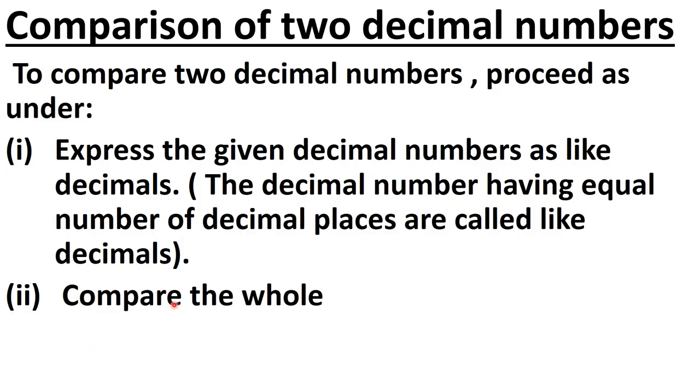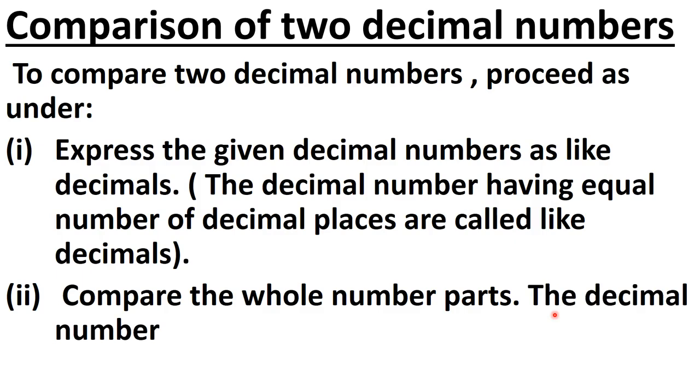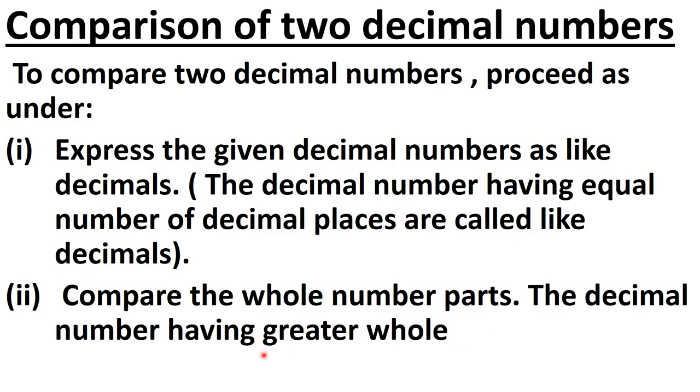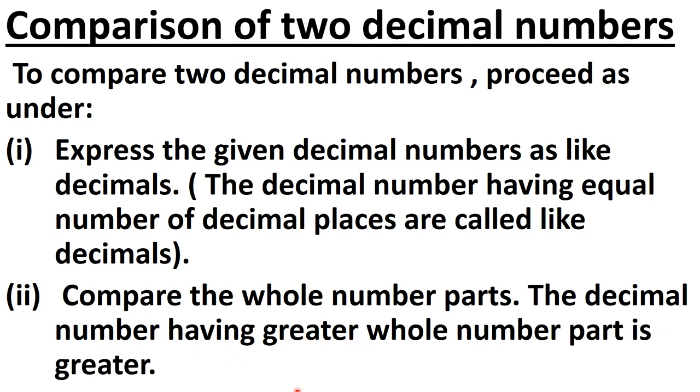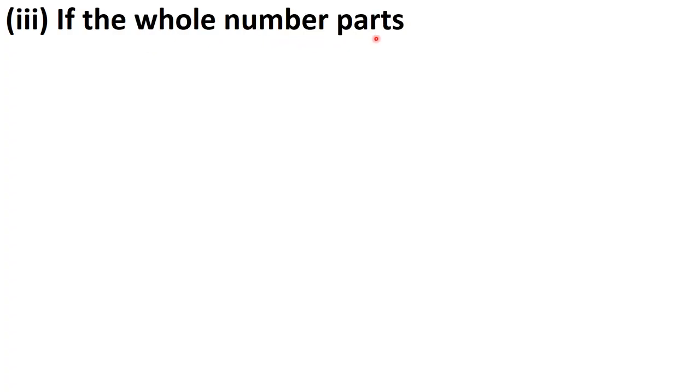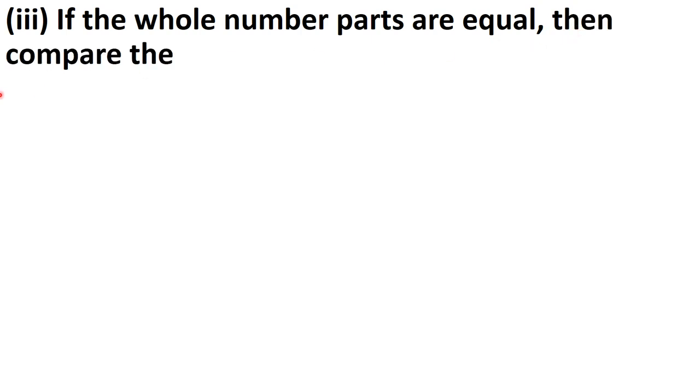Second rule is compare the whole number parts first. Okay, we will compare first of all the whole number part. The decimal number having the greater whole number part is greater. Third is, if the whole number parts are equal, then compare the 10th digit, that is the first decimal place.